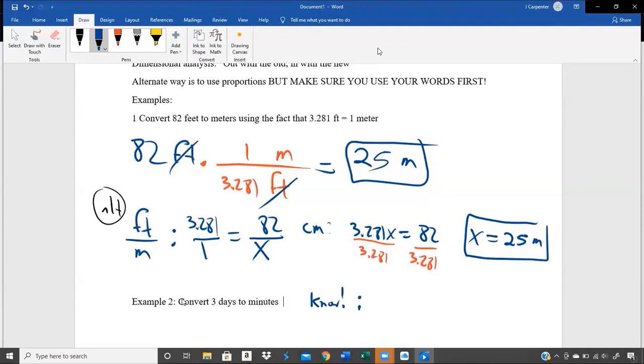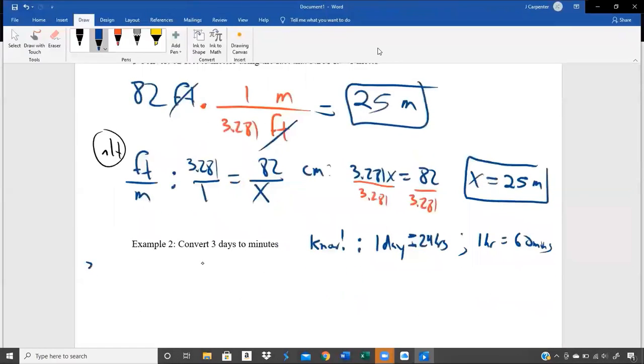So we got to make sure we're working in the right direction. So all right, one day, heading towards minutes, we should go to hours, and that would be 24 hours. And then how many hours to how many minutes? Well, 1 hour is equivalent to 60 minutes. You can use colons, you can use equals, nobody cares. I'm just going to be consistent and make them both equals. So those are the 2 that we'll need here.